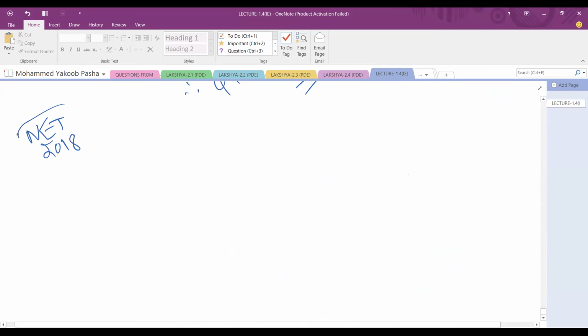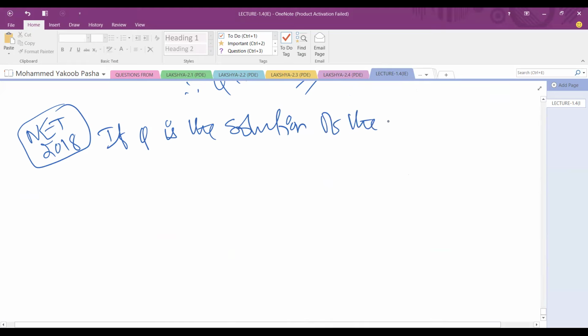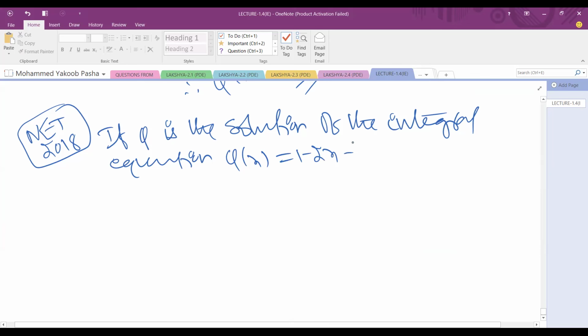In 2018, you can see the question paper. ఎలా అడిగాడంటే, if pi is the solution of the integral equation pi of x is equal to 1 minus 2x minus 4x square plus integral 0 to x.